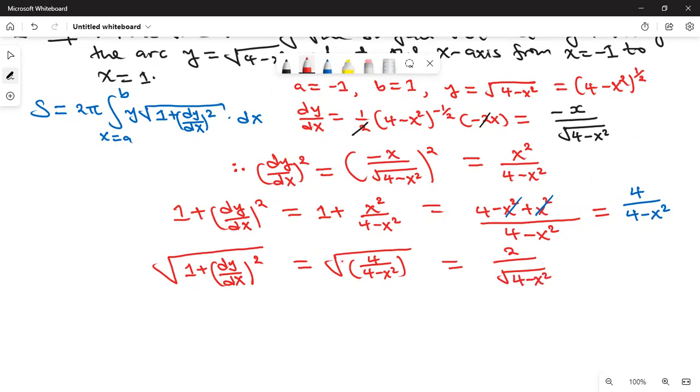So now lastly we need y times the square root of 1 plus dy over dx squared. What will it be? We said y is the same as the square root of 4 minus x squared, times 2 over root 4 minus x squared.